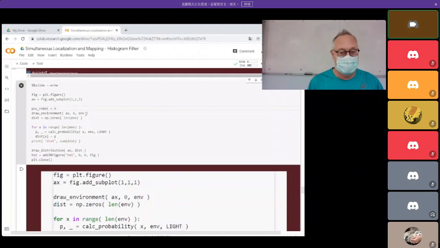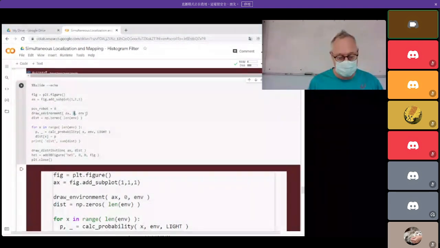And let's define a variable corresponding to the position of the robot.